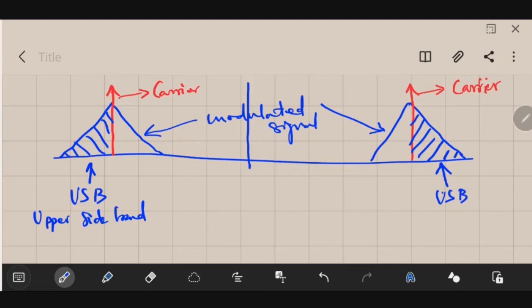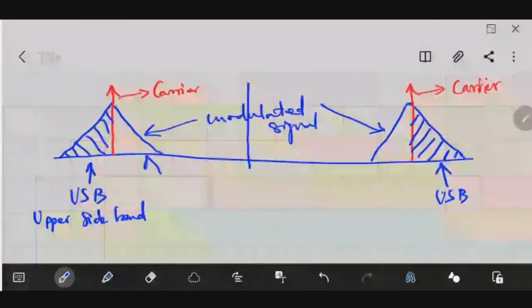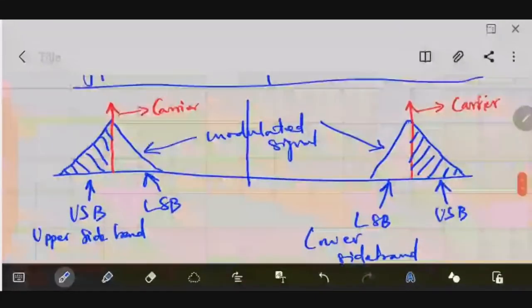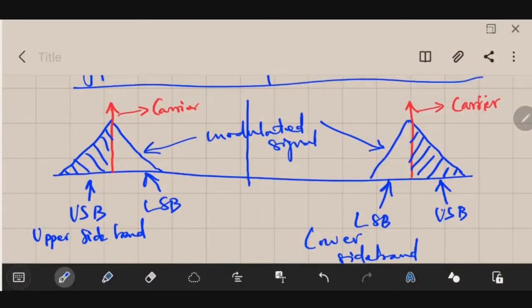And the other side, which is unshaded here, is the LSB, the lower sideband. There are different types of amplitude modulation in which one or more of these components are present or absent. The presence or absence of components like the lower sideband, upper sideband and carrier makes different types of amplitude modulation.